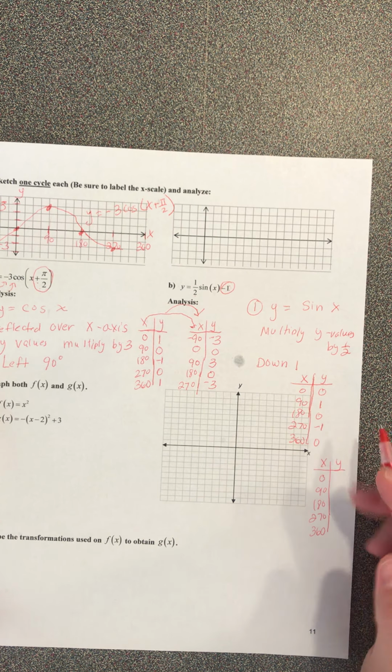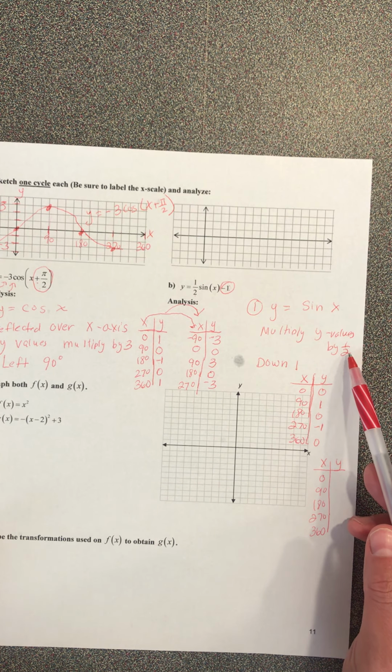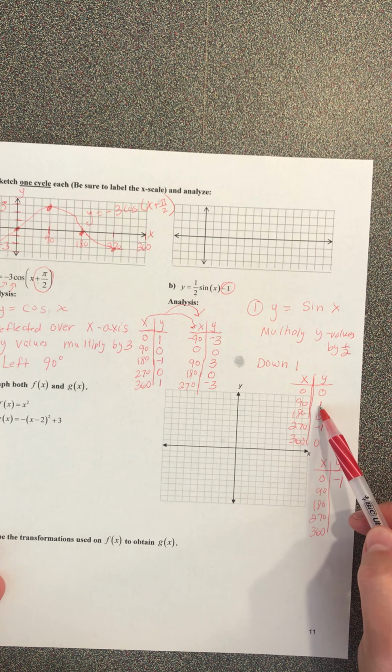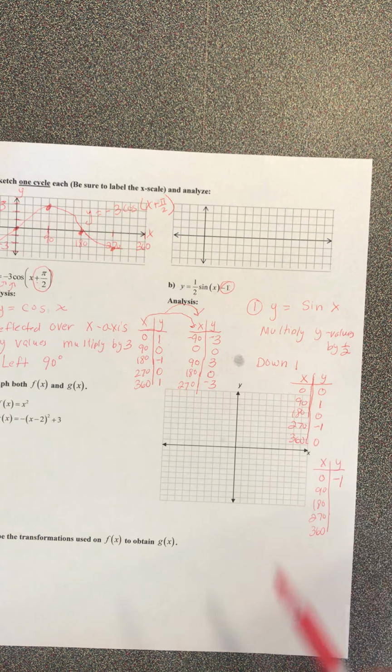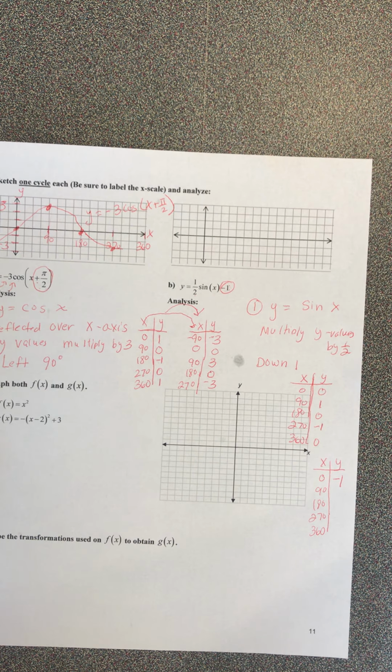And for our y, you're going to do 0 times 1/2 is 0, minus 1, down 1. 1 times 1/2 gives us 0.5, which is 1/2, minus 1.